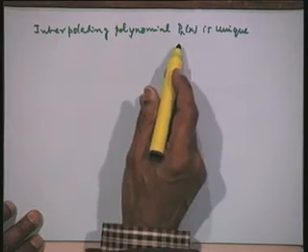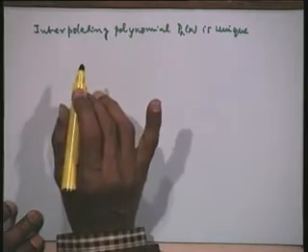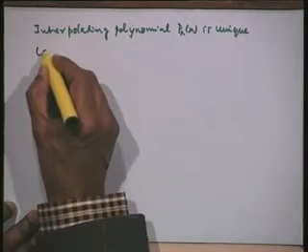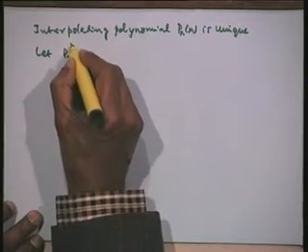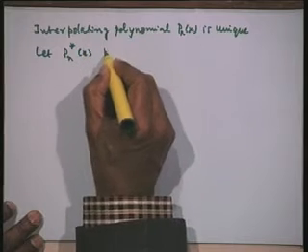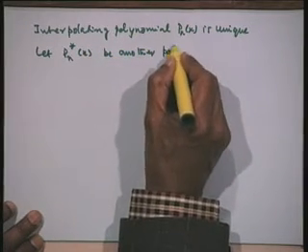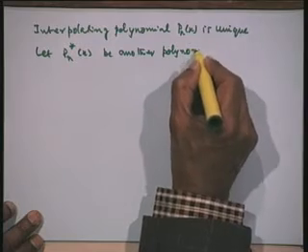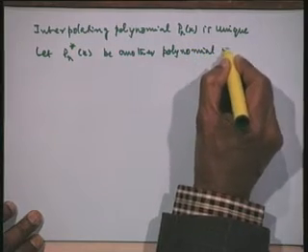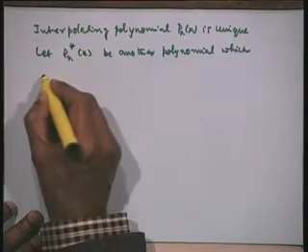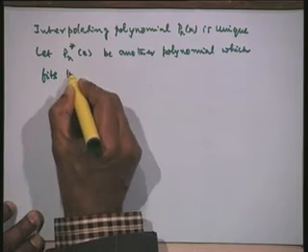The proof of this is just 2 lines. Let us assume that there is another polynomial. Let p n star x be another polynomial which fits the given data.